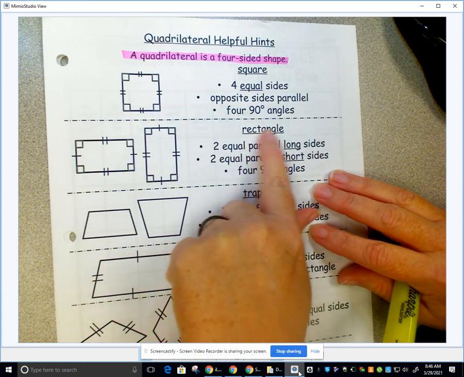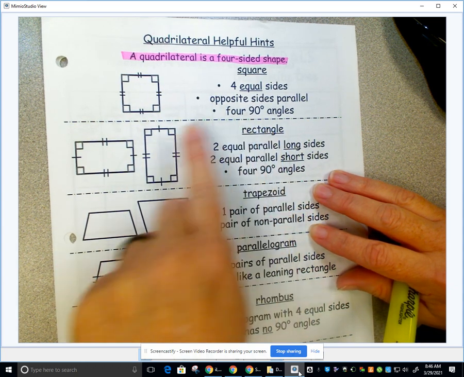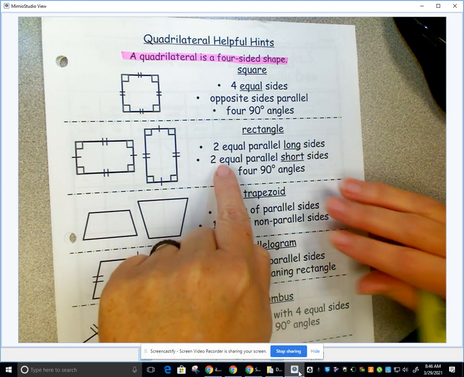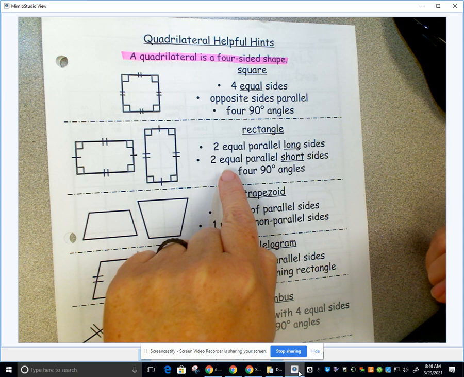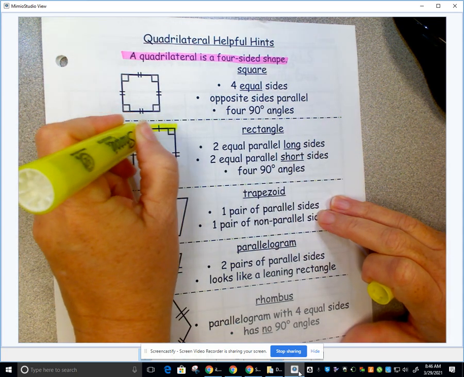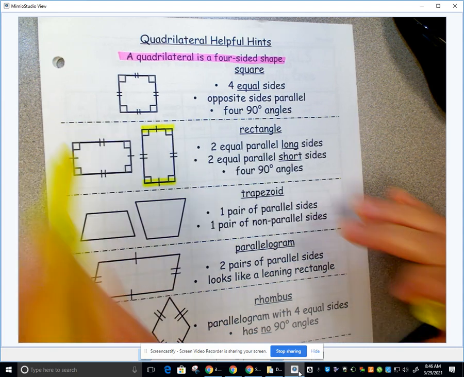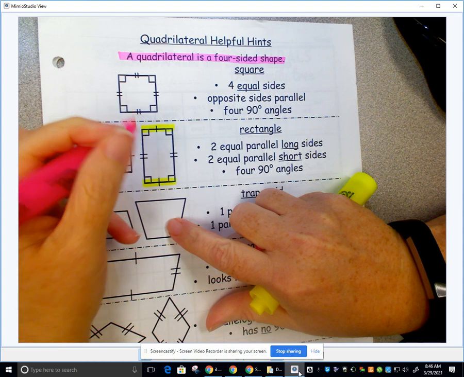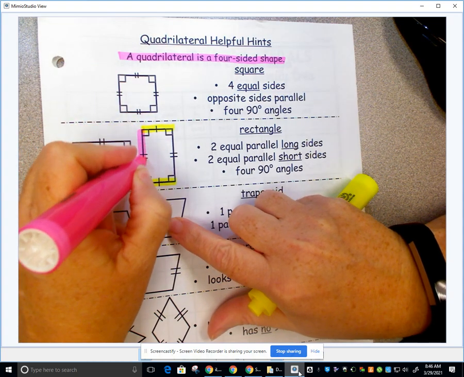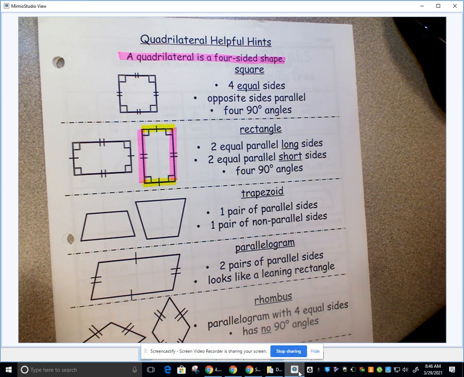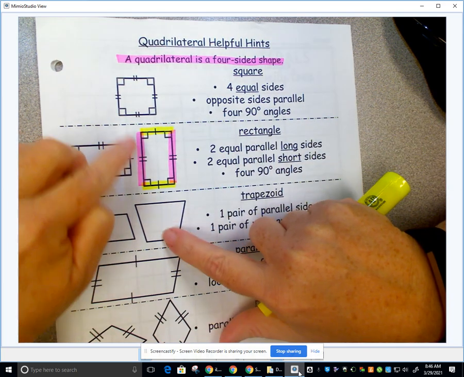Okay, then we've got a rectangle. A rectangle also has four right angles, and it has two pairs of parallel sides. For instance, this side is parallel to this side, and this side is parallel to that side. See the difference in the rectangle and the square?